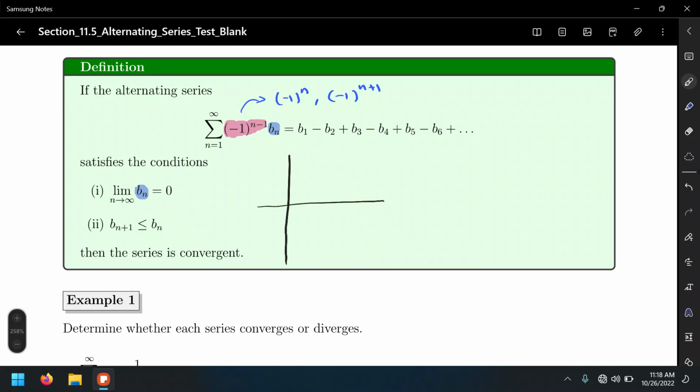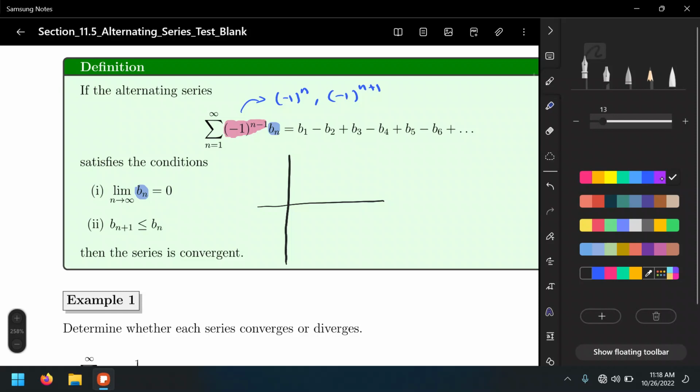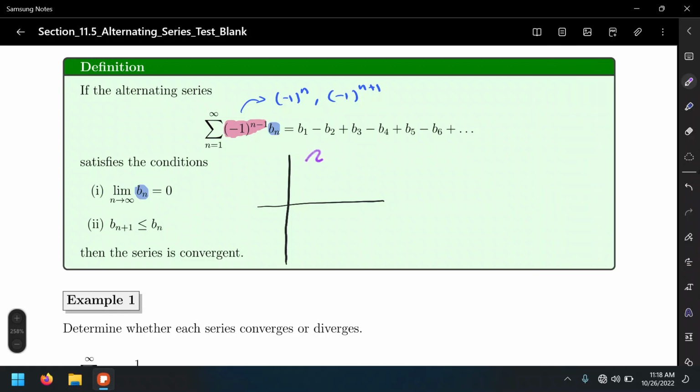A decreasing alternating series is going to look like this. We start, for example, with a big number, alternates to minus, gets smaller every time, and eventually converges to 0. So that gets connected with the sequence converging to 0. That's how these two conditions are linked.